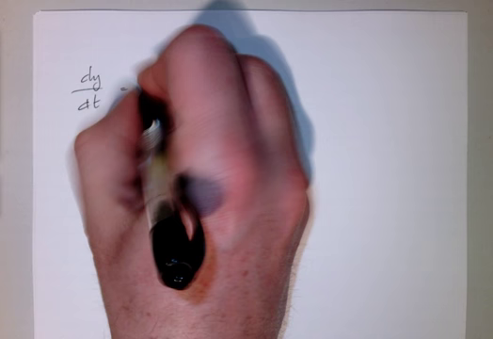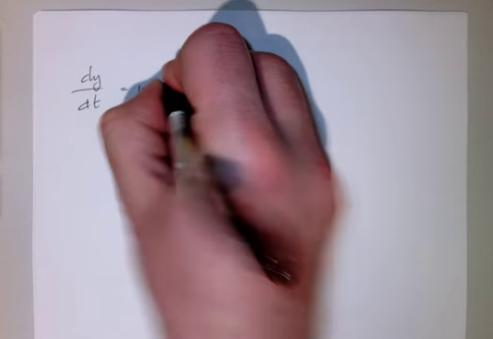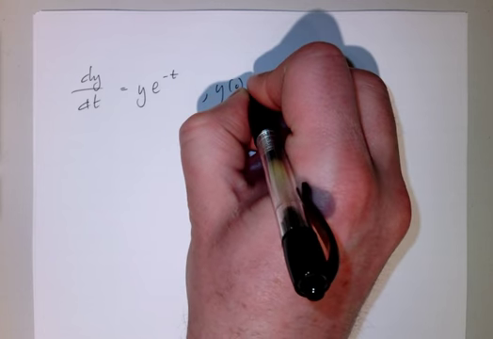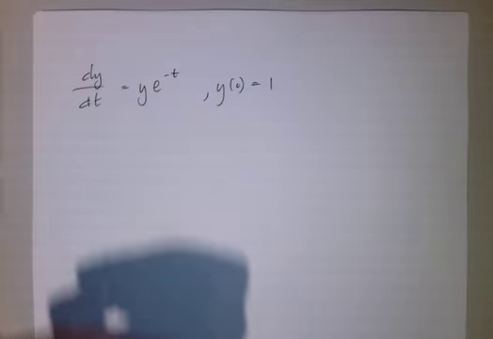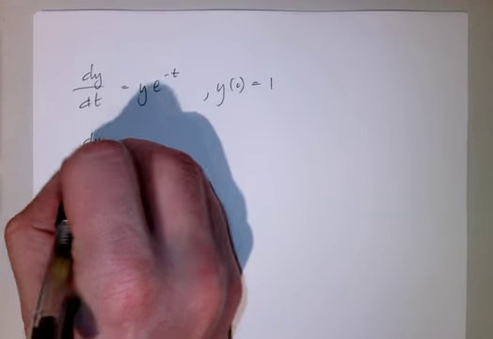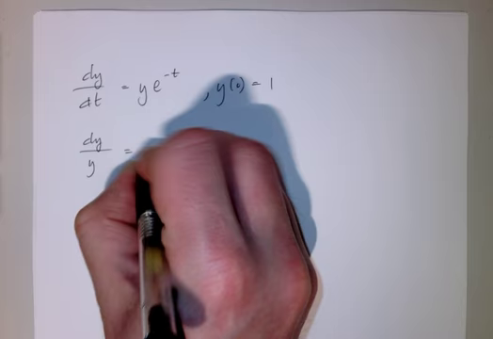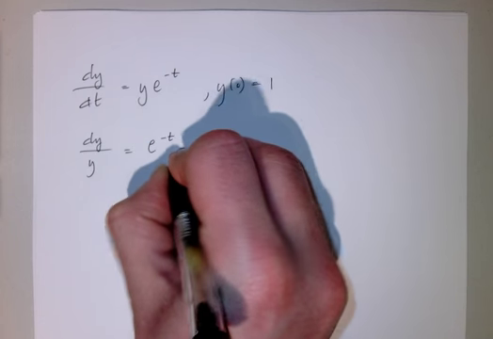Let's do dy/dt is equal to y e to the negative t, and y of 0 is equal to 1. Okay. Well, again, that makes dy over y is equal to e to the negative t dt.